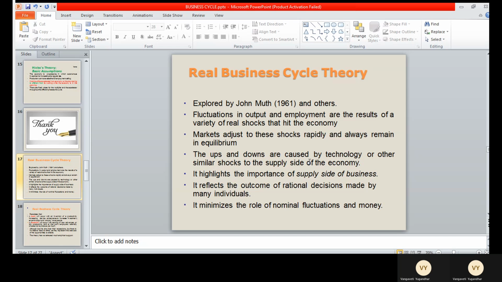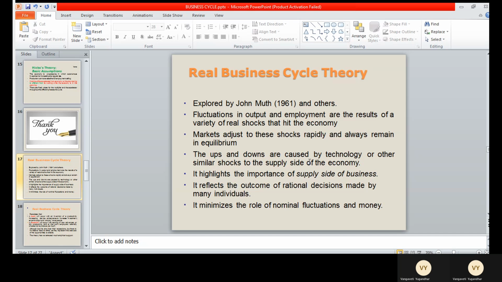So this theory is the real business cycle theory. It was proposed by John Knuth, and according to this theory, fluctuations in output and employment are the results of a variety of real shocks that hit the economy.